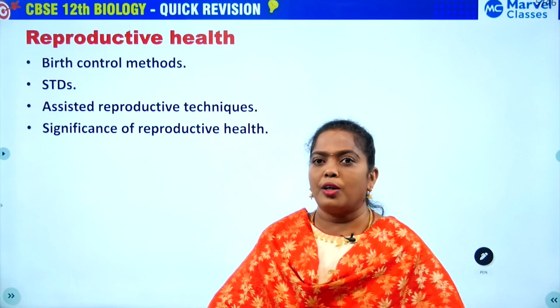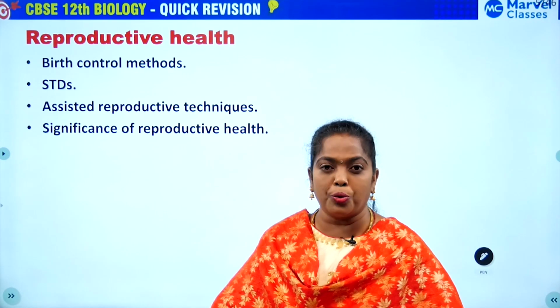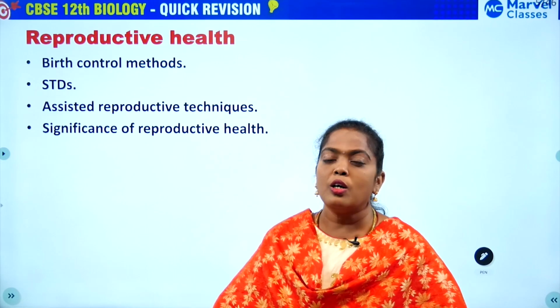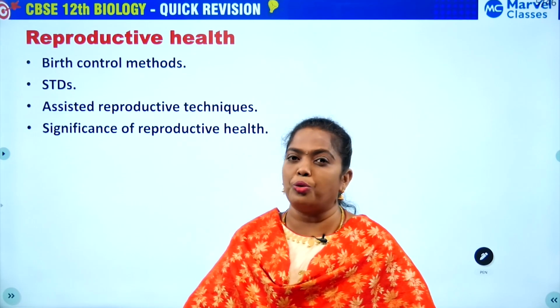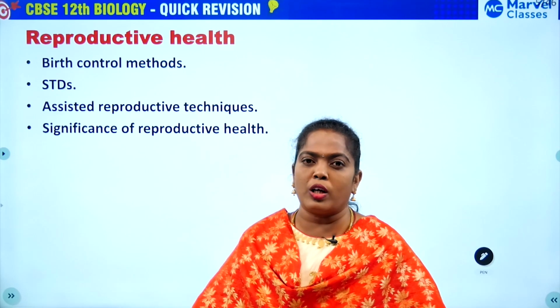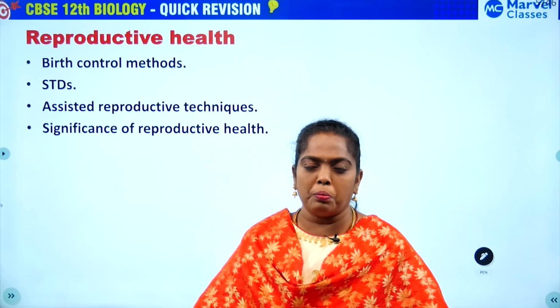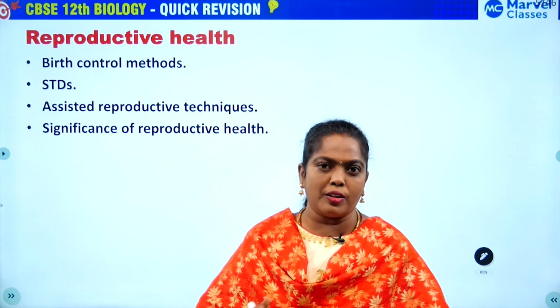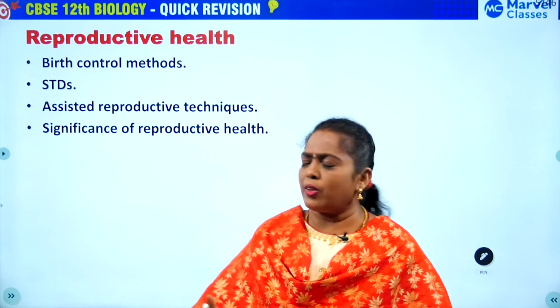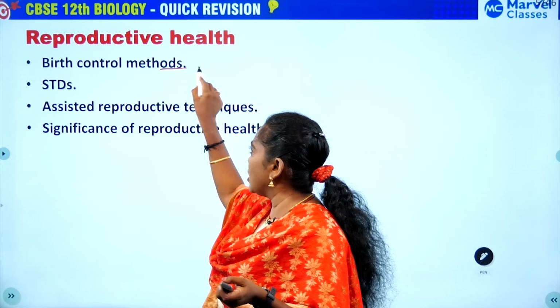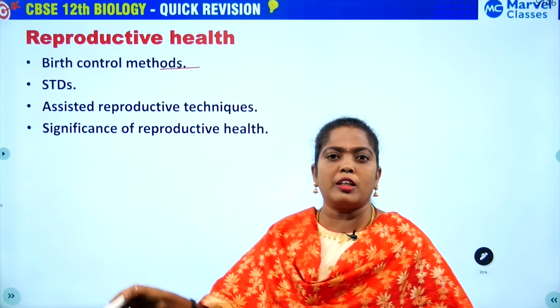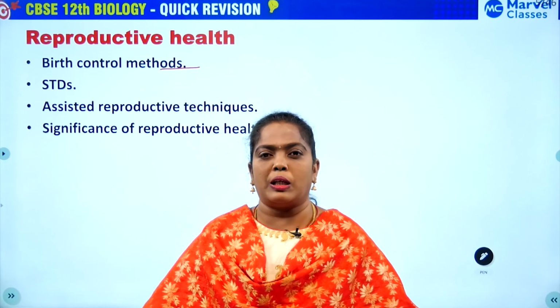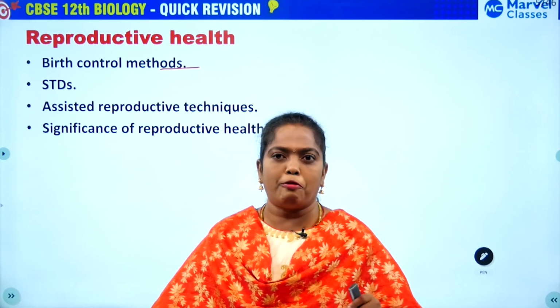Then hormonal methods and IUDs, intrauterine devices. What are the various types of IUDs? Hormonal IUD, Lippes loop, copper T. So many things. You have to learn about all these methods, and the permanent methods are vasectomy in males and tubectomy in females.